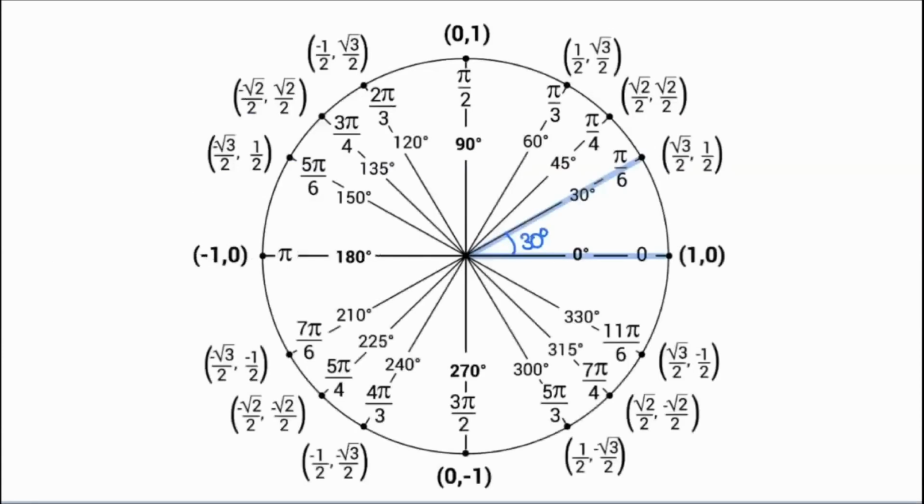So if we go back to our example here, we can say that sine of 30 is equal to our y-coordinate, and that's going to be 1/2. And cosine of 30 degrees is equal to our x-coordinate, which is the square root of 3 over 2.